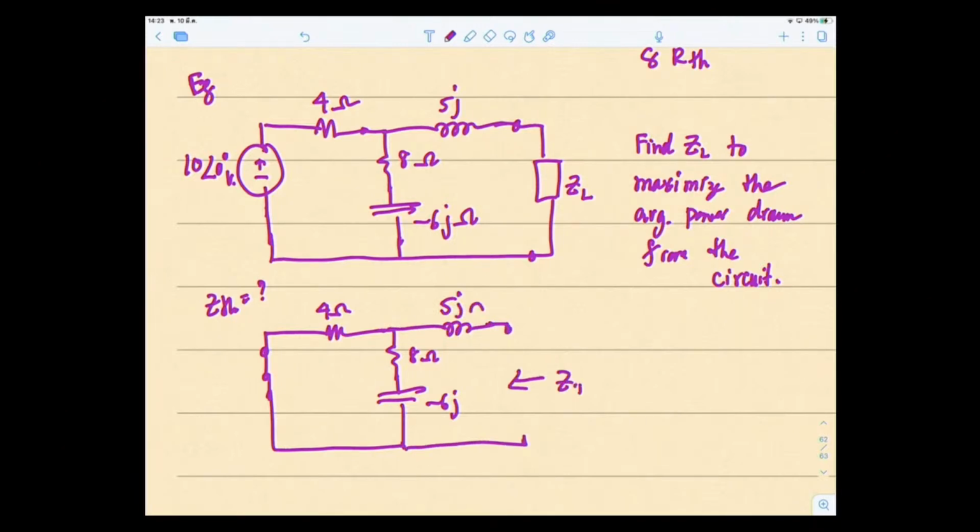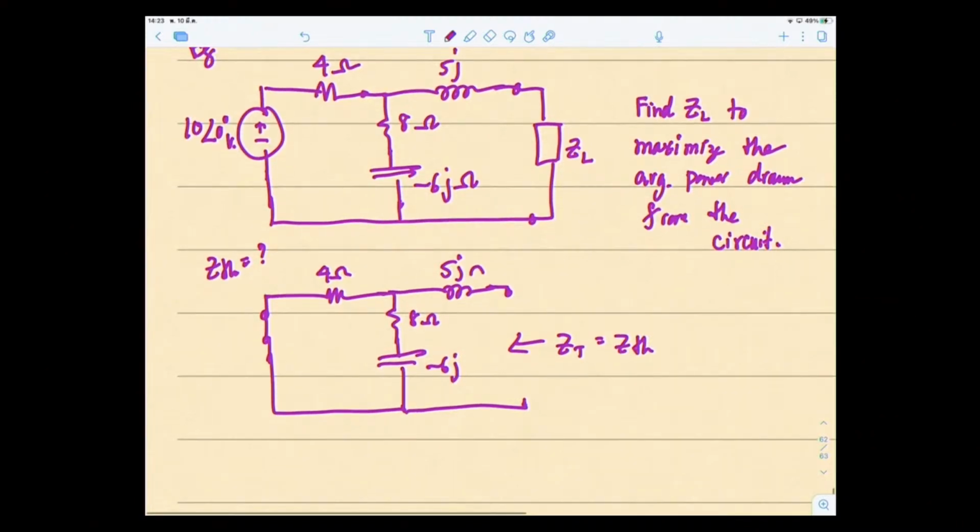What is Z total that you're looking at from the open terminal? This is equal to ZTH. You will see that these two are in series, and then in parallel with the 4 ohms, and the whole thing is in series with 5J ohms.